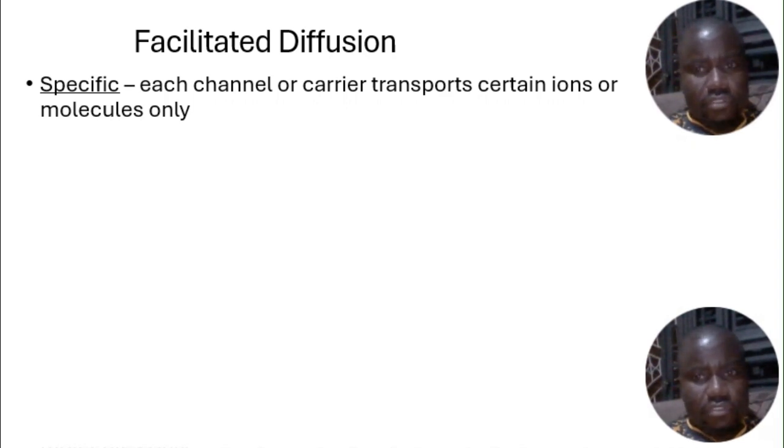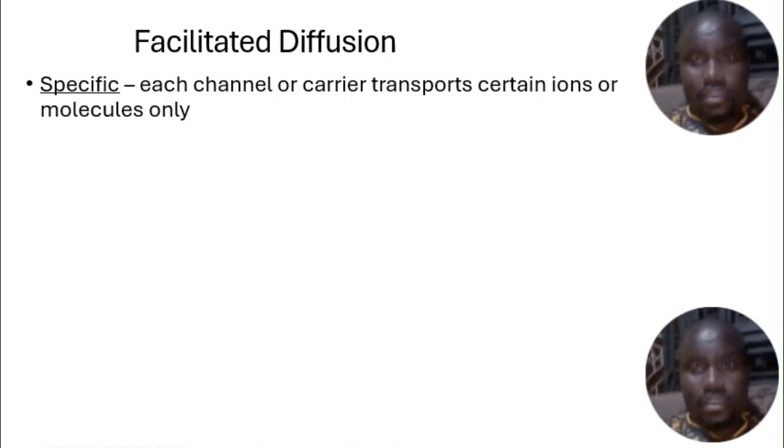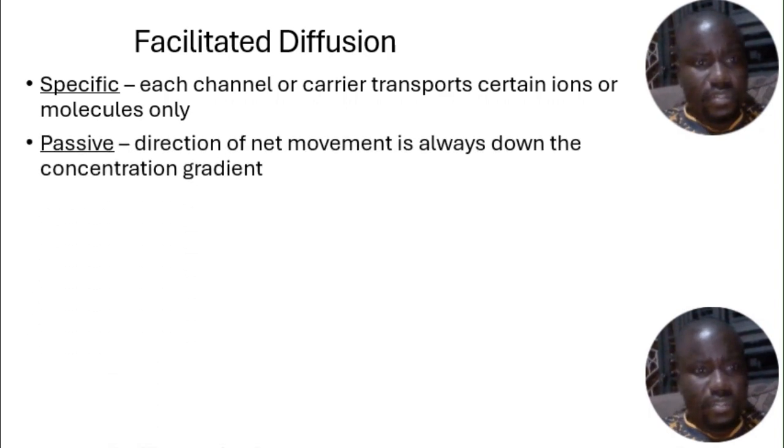If it's a carrier for amino acids, it's a carrier for amino acids. It will not be able to transport carbon dioxide, for example. If it is a carrier for, let's say, an ion like bicarbonate, it is a carrier for bicarbonate, nothing else.